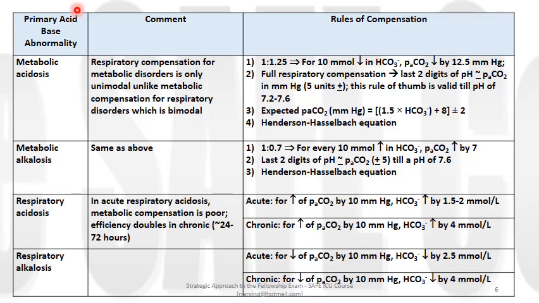On the other hand, when you have a primary metabolic problem, the respiratory compensation starts reaching maximal limits from minute 1. So the compensatory ability is unimodal. It doesn't have that bimodal compensatory ability. So you don't have to remember too many things about that. There is no such thing as compensation for acute metabolic acidosis and chronic metabolic acidosis. The lungs just behave the same way. So let's now go to each problem.